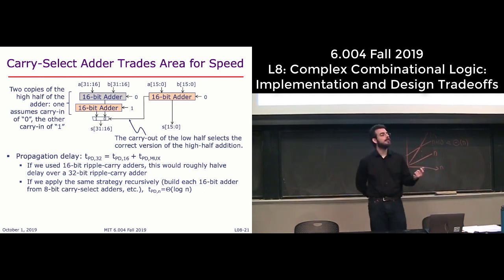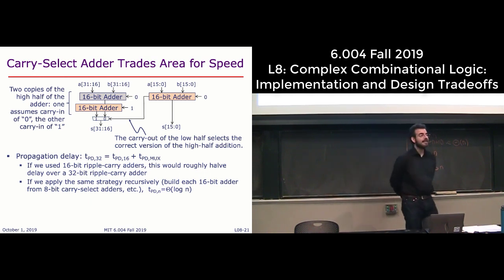Then its 8-bit adder would be a 4-bit adder and a 4-bit adder. And if you keep going, what you'll get is that the propagation delay is logarithmic in n, right? Why? Because at each level, we're cutting the number of bits in half and adding one layer of logic. Therefore, as we double the number of bits, we're adding a constant factor, so it's logarithmic. Any questions?